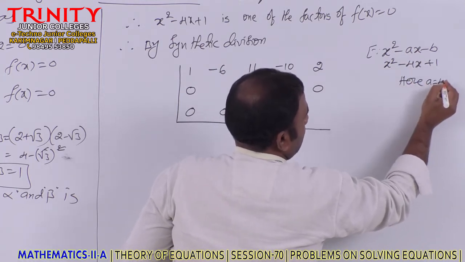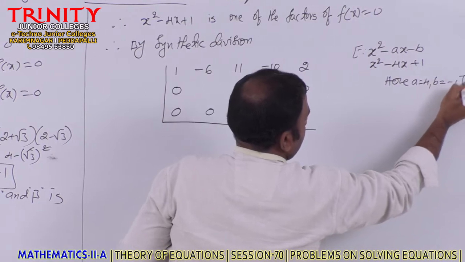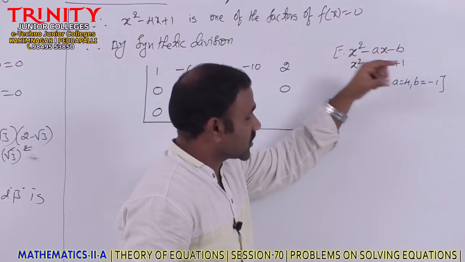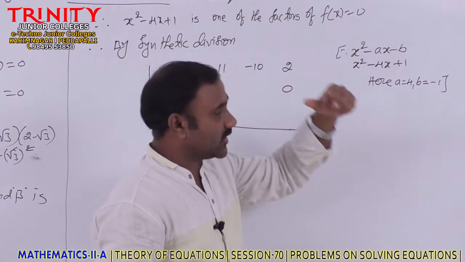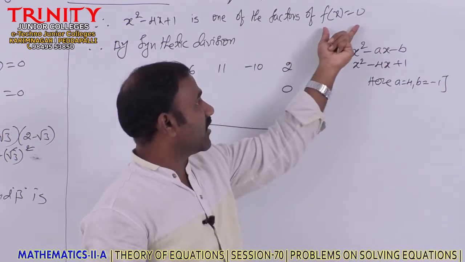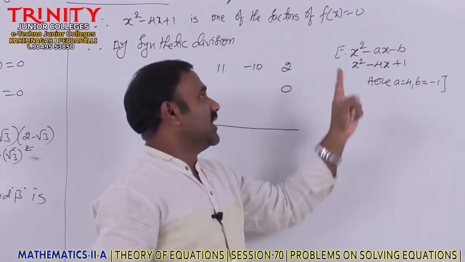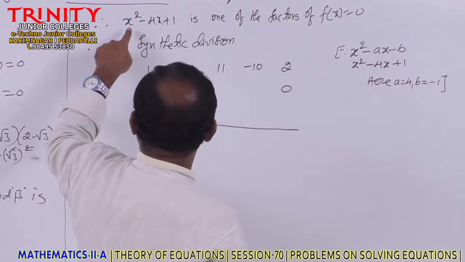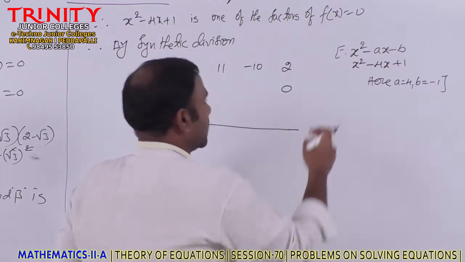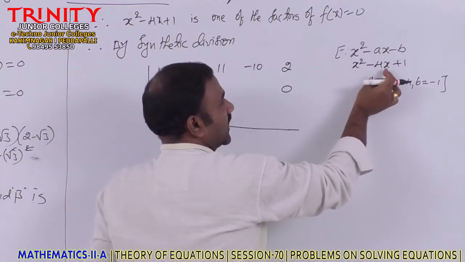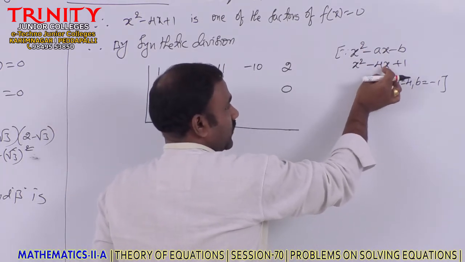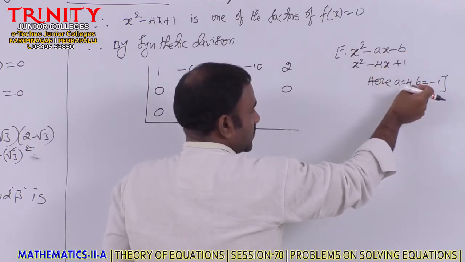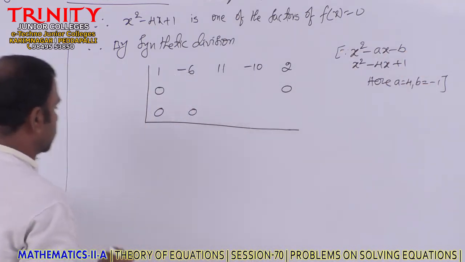Therefore, we get a is equal to 4, but what is the b value? Minus 1. The standard form of the quadratic which divides the polynomial f of x equal to 0 should be x square minus ax minus b, but we have x square minus 4x plus 1. Comparing these two, the coefficient of x gives a is 4, and the constant here is minus b, where 1 is there, so b is minus 1.